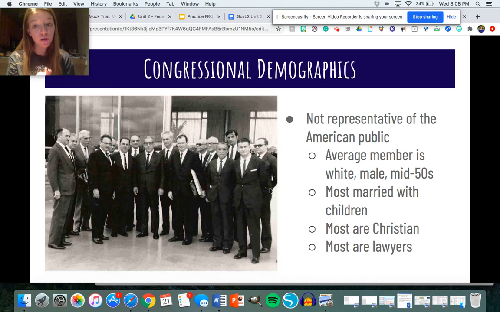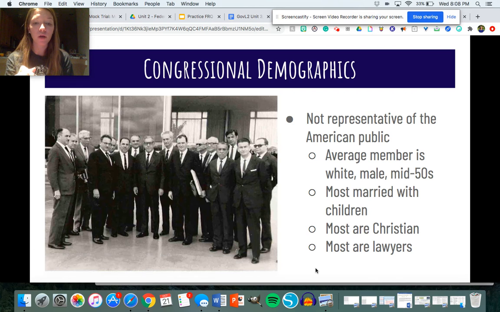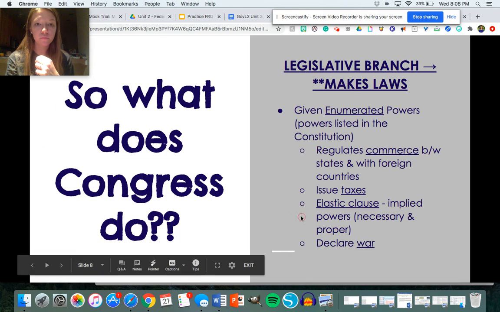Most are Christian, and most come from some sort of law background or political background prior to becoming a member of Congress, whether that's a mayor, a governor, something like that. As you can see from this picture, this is an outdated picture, and we are moving in the right direction, having it representative of the public. We still have a long way to go.